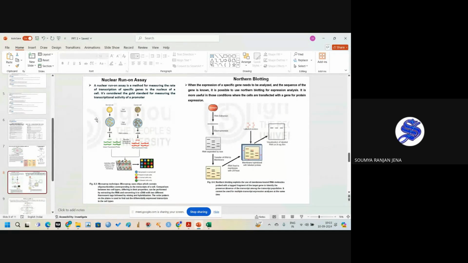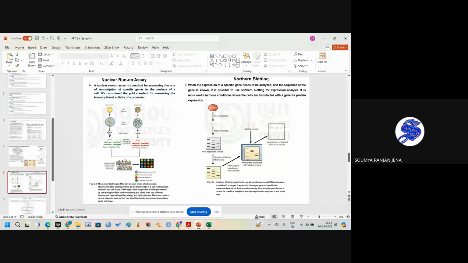How will this happen? We can take a normal cell or a cancerous cell, and this cell is cultured in a culture media, and we harvest or isolate the mRNA from this normal cell or cancerous cell.